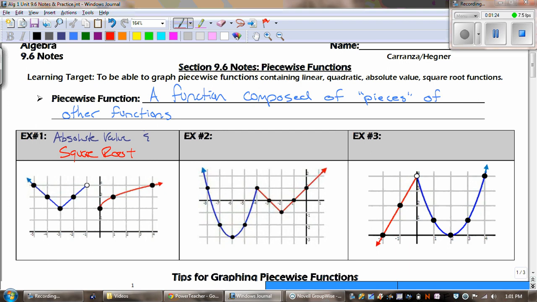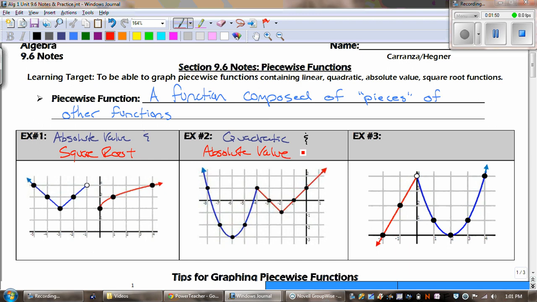Okay, let's look at example 2. What are the two graphs that it's composed of? In the blue, it's a parabola, which means it's a quadratic. So we have a quadratic, and in the red, we have absolute value.